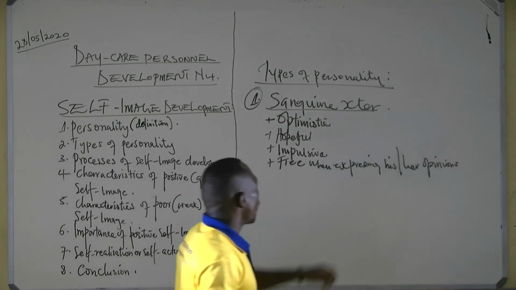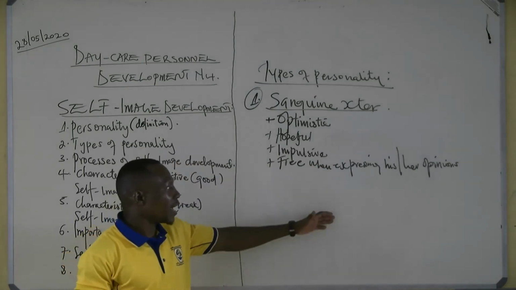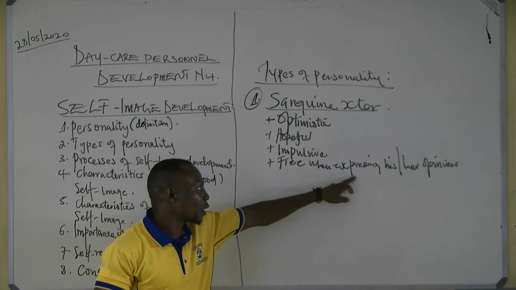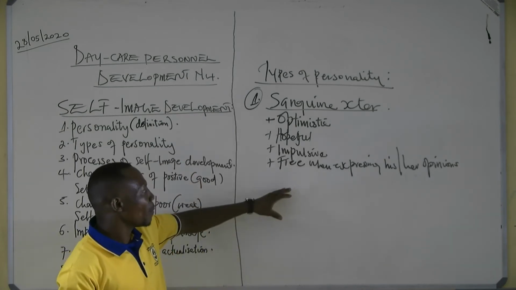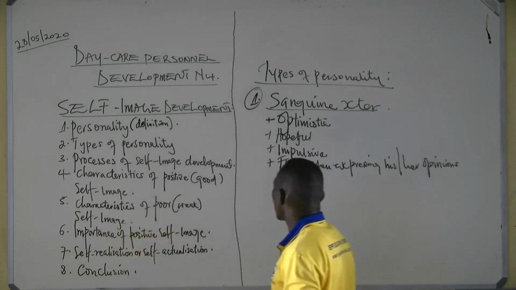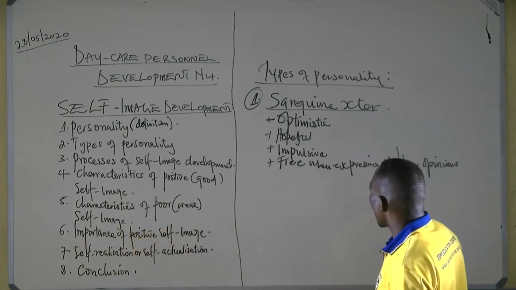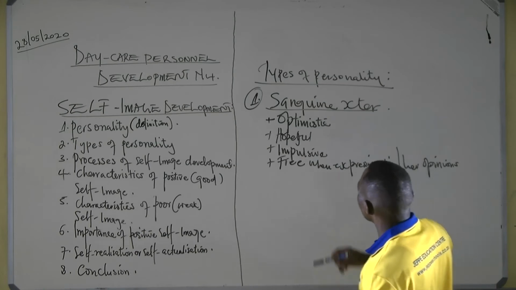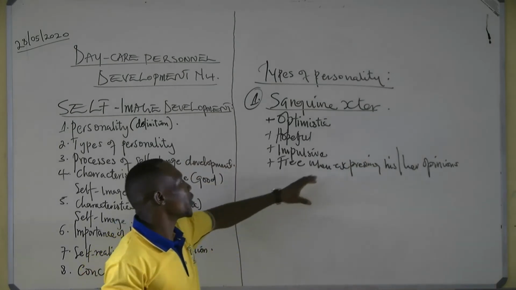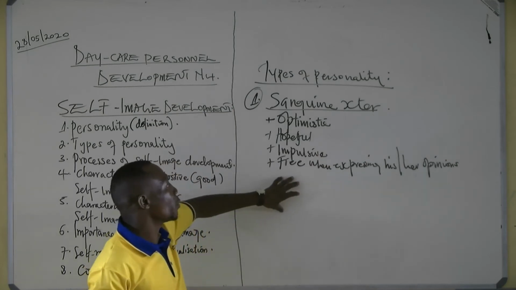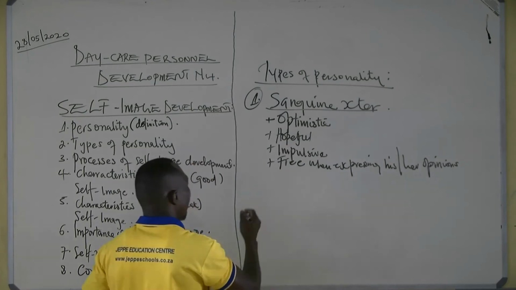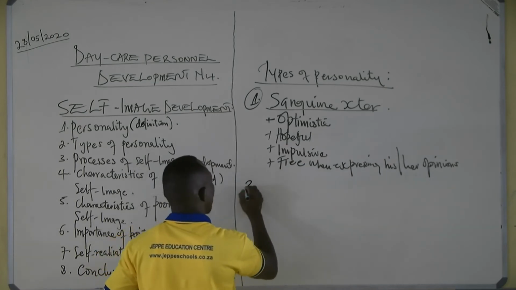Now, being open-minded, they go further to always share ideas with other people in particular social groups, and also they do that by recognizing other people's feelings and also characters and rights. And also, being optimistic, these people are always seen to be inquisitive. These people are always seen to be curious in the way they behave.